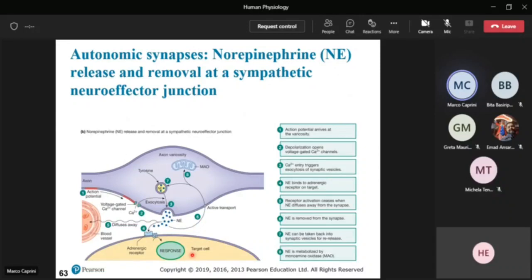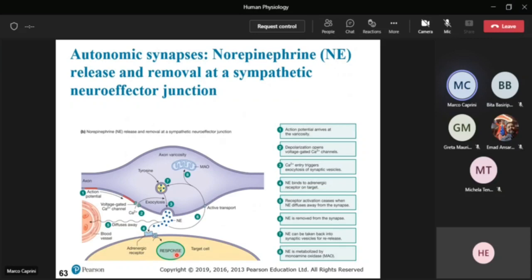So we didn't study it yet, but what could be the response of a smooth muscle cell to a neurotransmitter? To contract. And what do you think the norepinephrine is able to do on the adrenergic receptor?